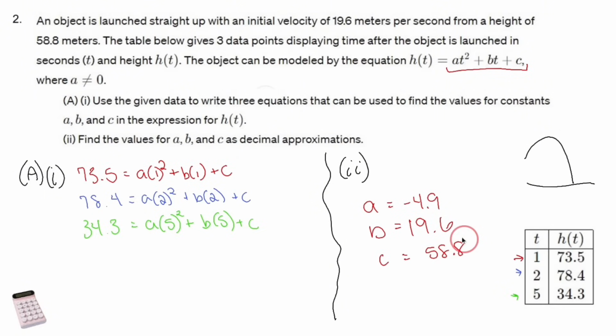And if your teacher ever had you do any gravity problems, these numbers should look kind of familiar, especially that guy right there. I mean, that guy gave us our height, which is that guy right there. So it all worked out nicely. So that's part A, writing out useless equations, but actually finding the equation that we would need.